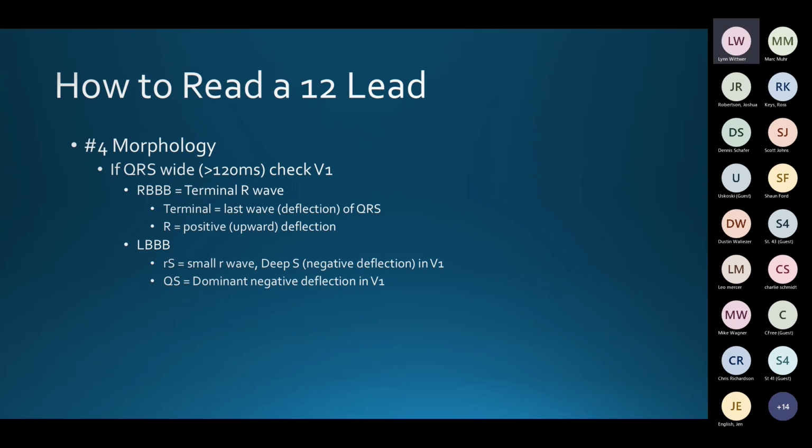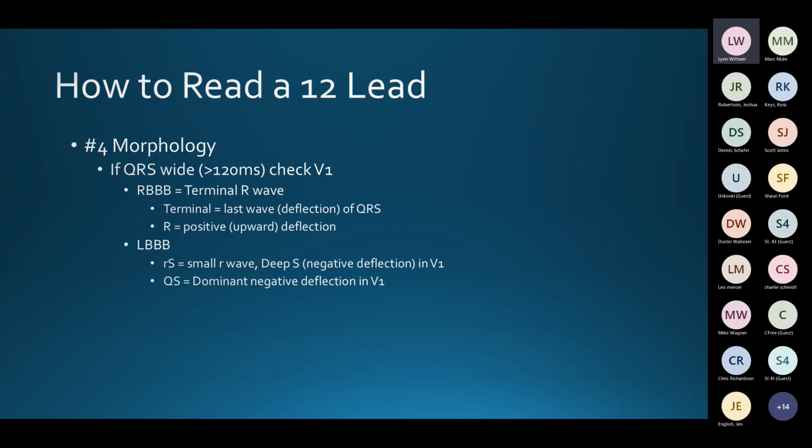Look at the morphology of the QRS. If it's greater than 120 milliseconds or 0.12, check V1. In V1, you're looking for the terminal R wave.